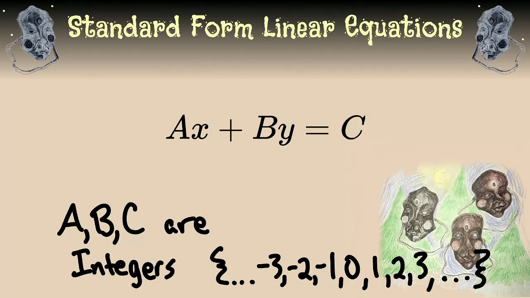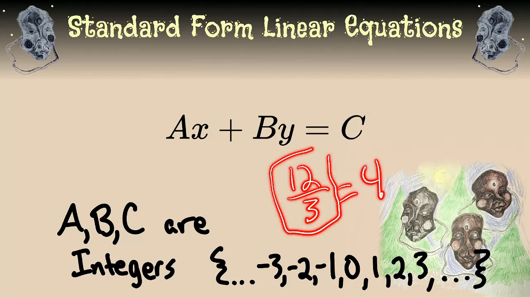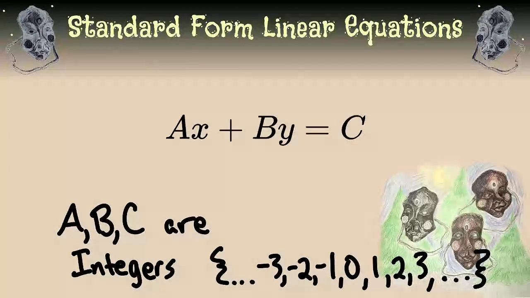So those are the integers. So A, B, and C cannot be fractions unless it's like 12 over 3. That's a fraction that is also an integer. It's just an integer represented as a fraction. It's like dressed up in clothes.